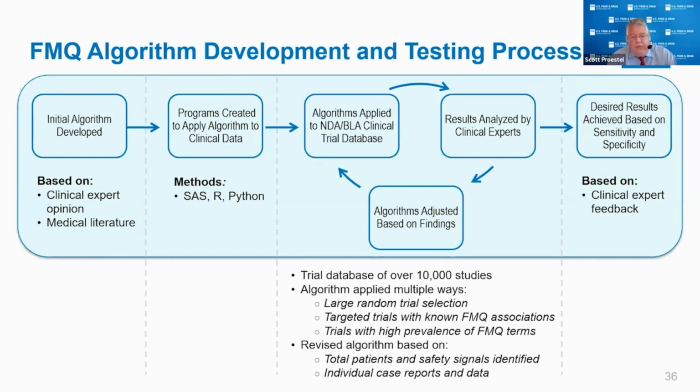And when we were looking at the results, sometimes it was assessing just the total number of patients and types of signals being identified and determining whether or not that was reasonable. At other times, we had access to narrative reports, which we assessed in combination with what we were seeing in the algorithm to see whether or not there was a match and whether or not the results were appropriate.